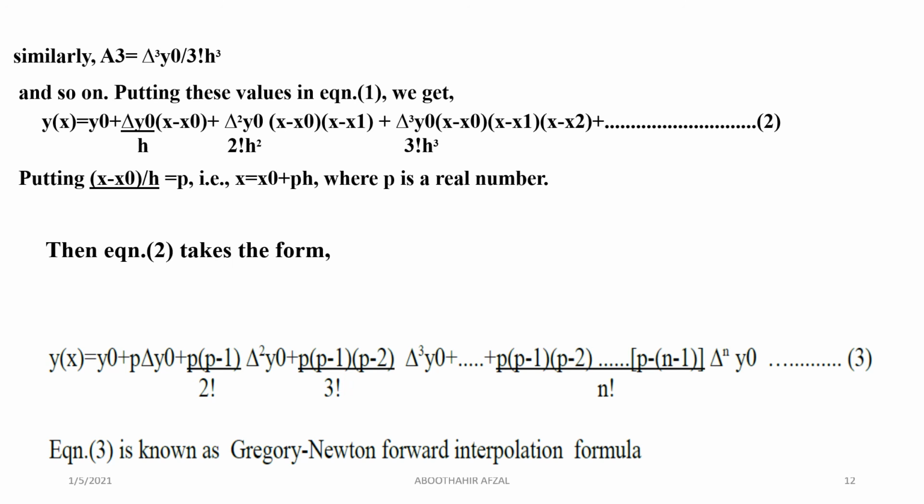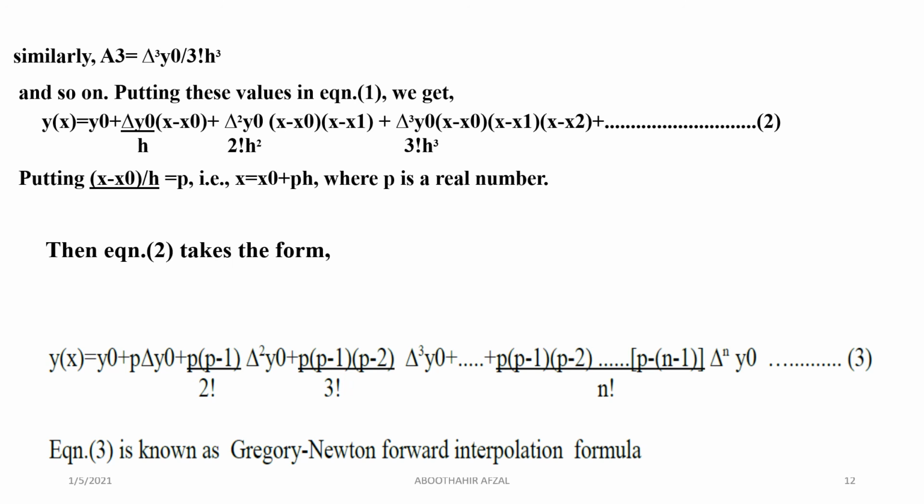So now I am taking a general point x, where (x minus x0) by h is equal to p. That means I take a point x, and I want to find the value of y at that point x. So (x minus x0) by h is p. So what will x be? That is ph plus x0. So equation 2 is rewritten in terms of p.